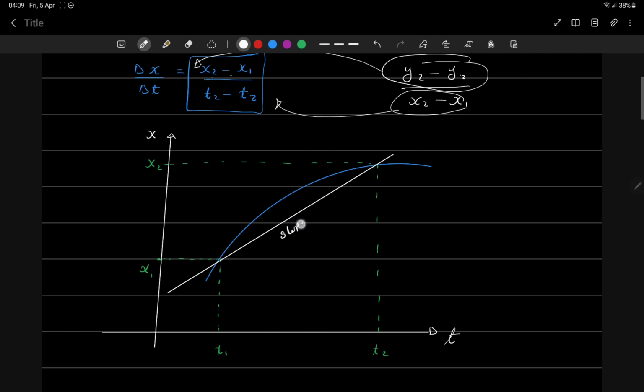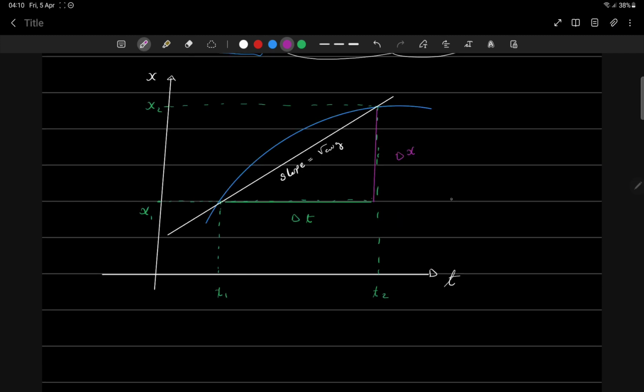So here, slope equals average velocity. This segment or this line here represents delta t, while this line here represents delta x.